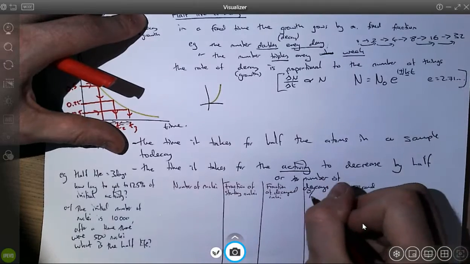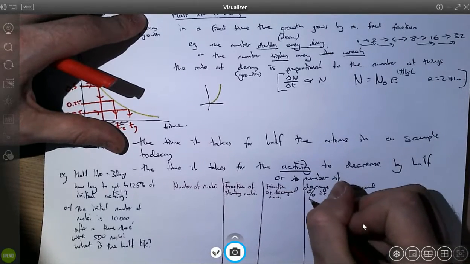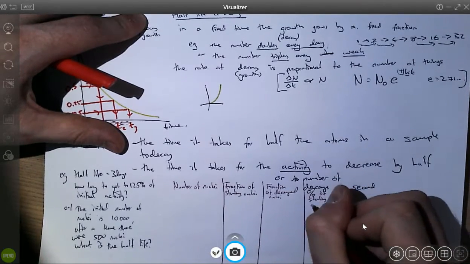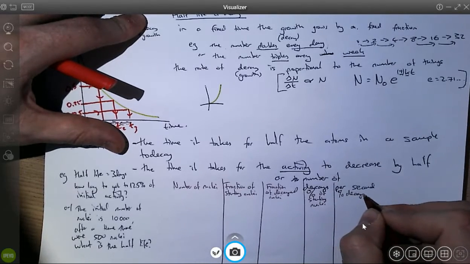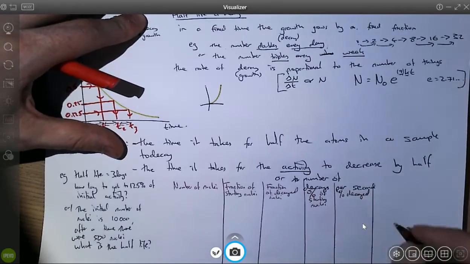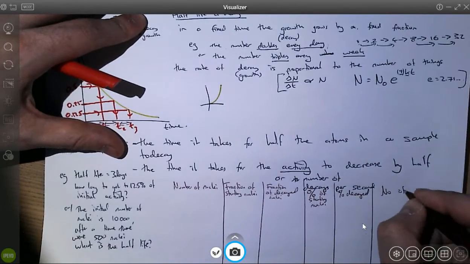You could do it as percentage of starting nuclei, you could do percentage decayed, and then probably also number of half-lives.